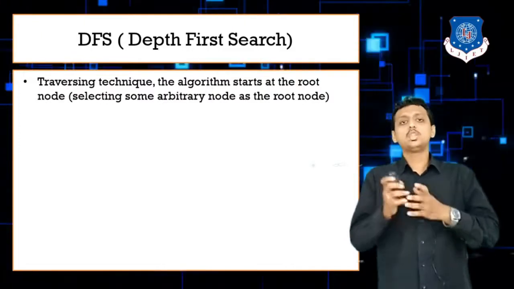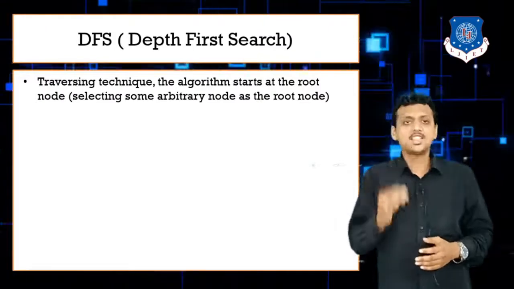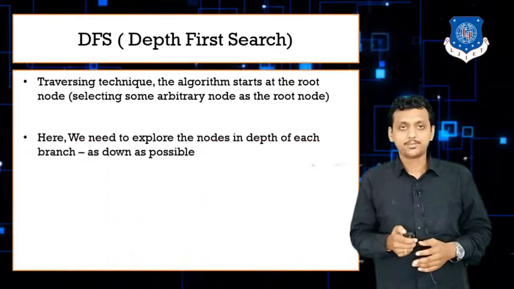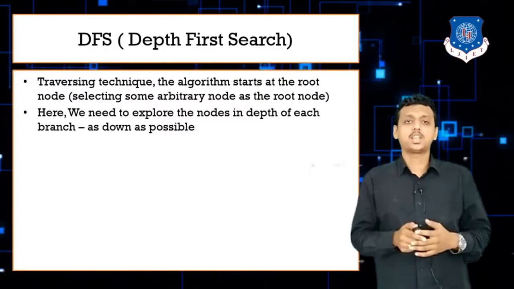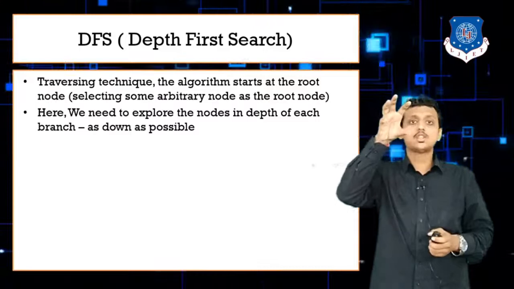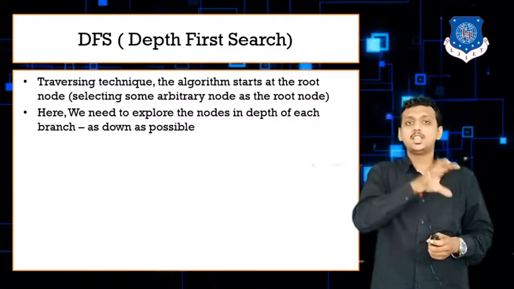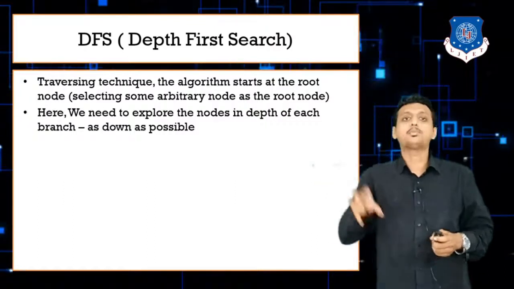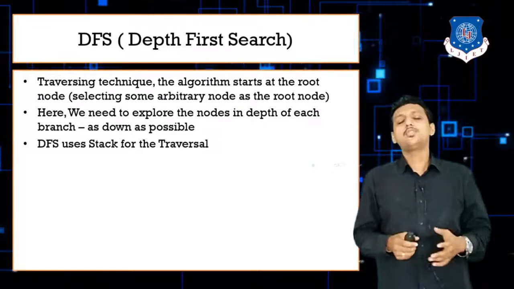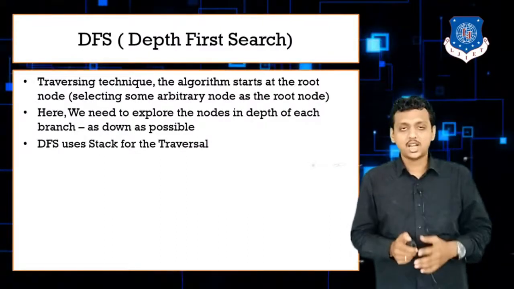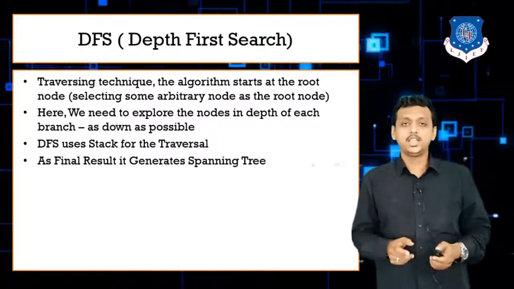First you need to visit a root node and then visit the unvisited adjacent nodes according to the arbitrary order. Next we need to explore the nodes in the depth of the graph. Once you visit the root node, you need to go down either this branch or that branch, but to the depth of the branch. This is known as depth first search. DFS usually uses a stack for the traversal operations, and as a final result, students, we get a spanning tree.